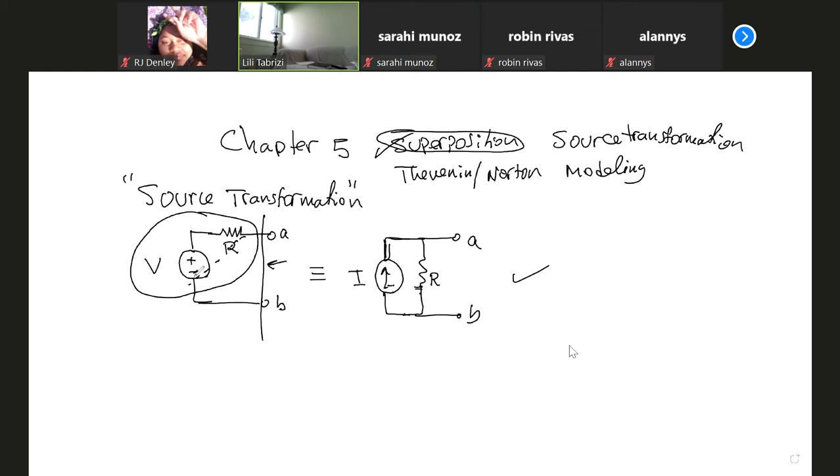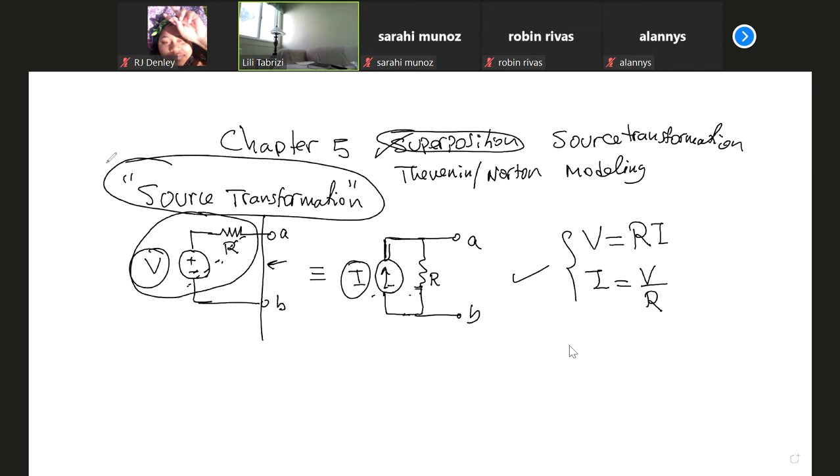Vice versa, if you have a voltage source in series, you can convert it to a current source in parallel. What's the relationship between V and I? Same as Ohm's law: V is equal to R times I, or I is equal to V divided by R. This method is called source transformation, and it makes many circuit analysis problems much easier to handle.